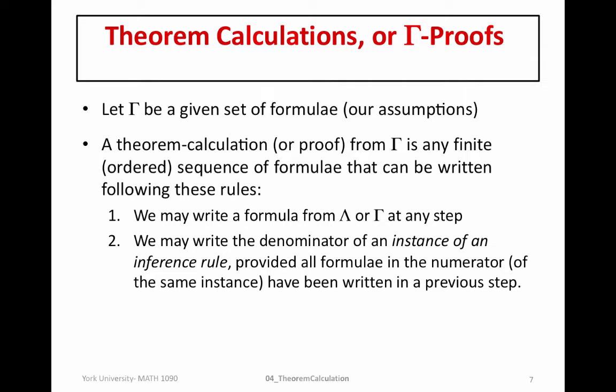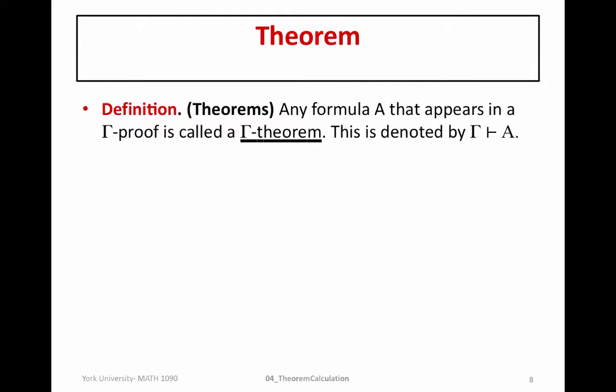So now that we know what a theorem calculation or gamma proof is, we can finally define what a theorem is formally within our logic. Any formula A that appears in a gamma proof is called a gamma theorem, and we denote this and read it as gamma proves A. This symbol is called proves.